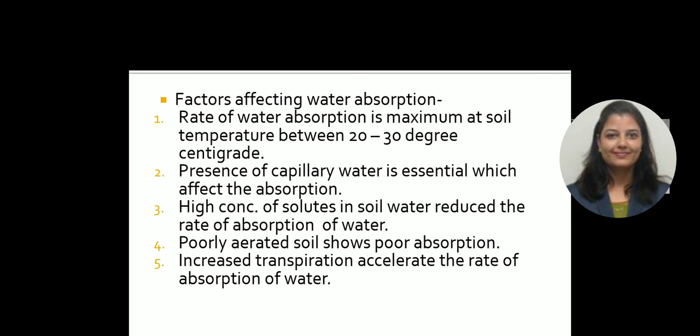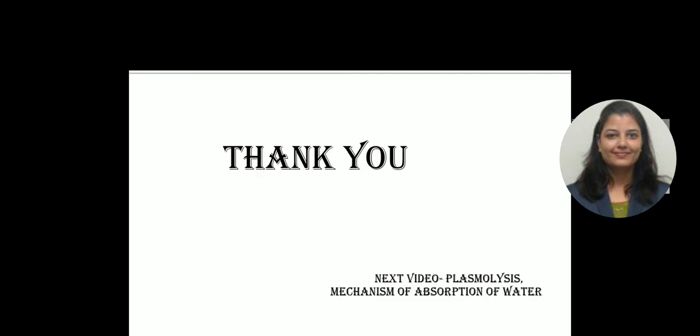Number three, high concentration of solute in soil water reduces the rate of absorption of water. Number four, poorly aerated soil shows poor absorption. Number five, increased transpiration accelerates the rate of absorption of water. So these are the five factors which affect the absorption of water.